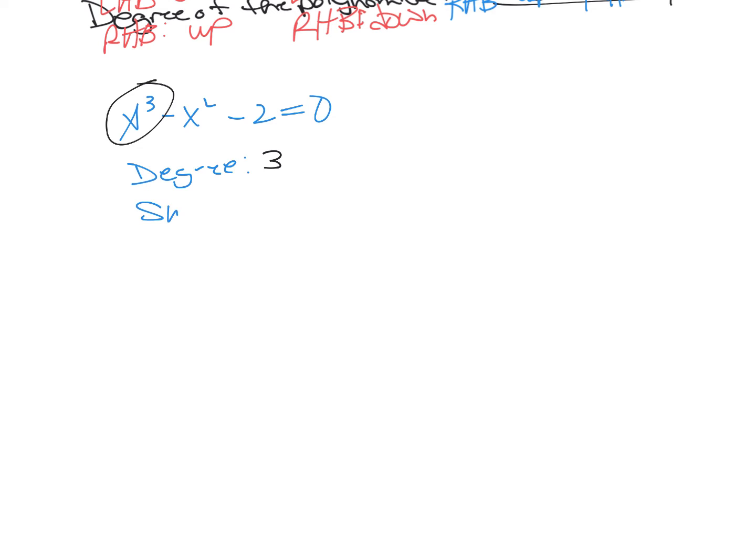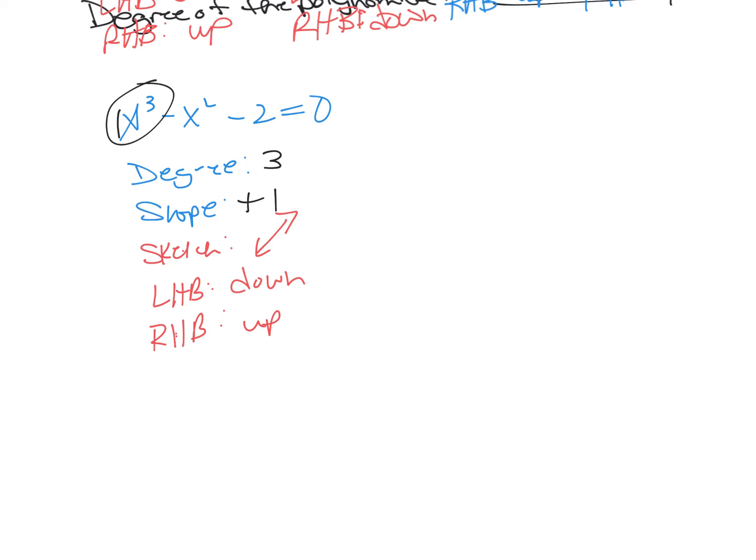The slope is positive 1 because it's the coefficient in front. Then you would state a little sketch of what that's going to look like. It is going to look linear in behavior, with the left-hand behavior and the right-hand behavior. The left hand points down and the right hand points up.